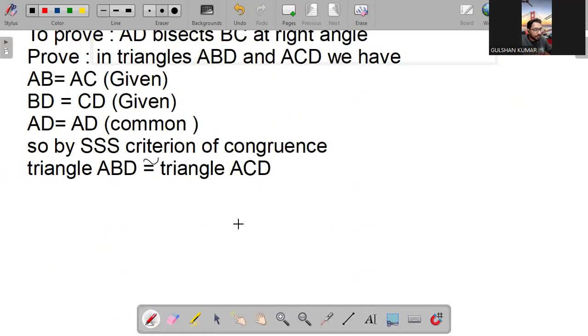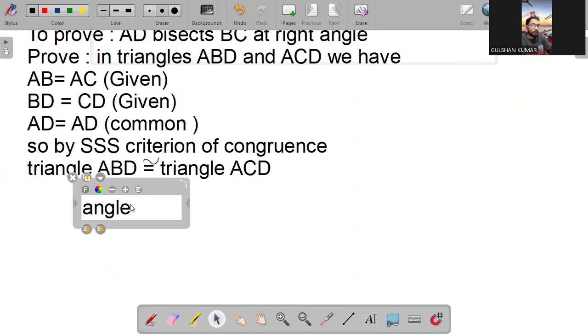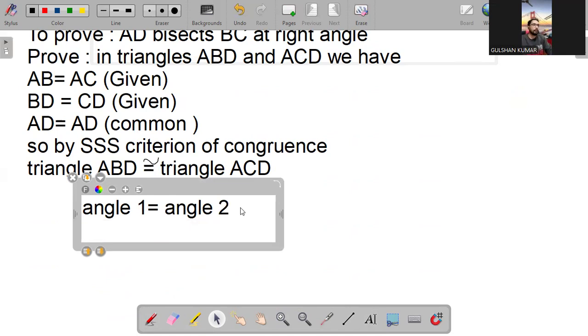So it is clear that angle 1 equals angle 2.